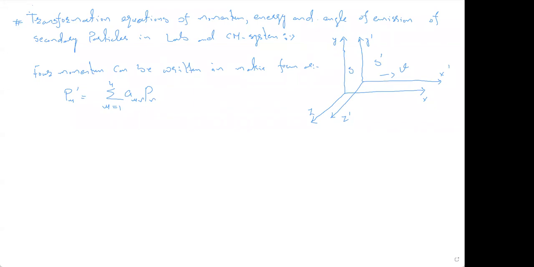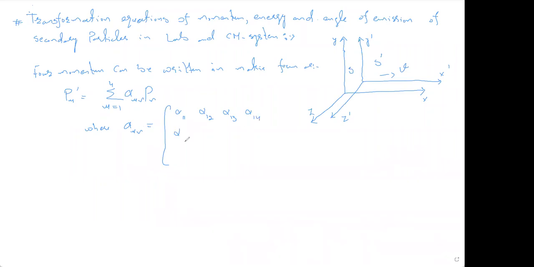Why do we call it matrix form? Because this a mu nu is a matrix, where mu runs from 1 to 4 and nu runs from 1 to 4. So I will have elements like alpha 1 1, alpha 1 2, alpha 1 3, alpha 1 4.